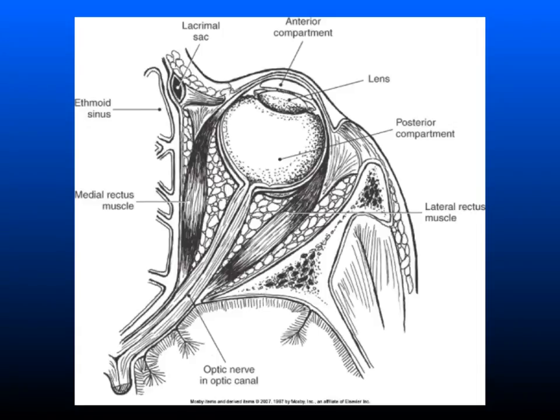The eye obviously has the lens anteriorly, then you've got the posterior compartment of the eye, and then all the way when you look at the posterior portion of the lens, you'll see all these tracks going back. So this is what the optical canal is, which has the optical nerve inside of it.